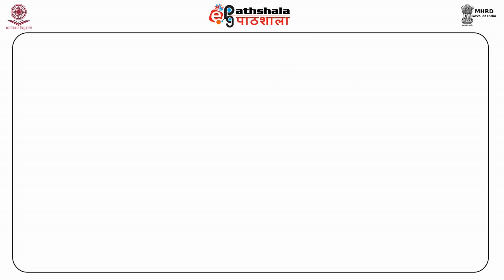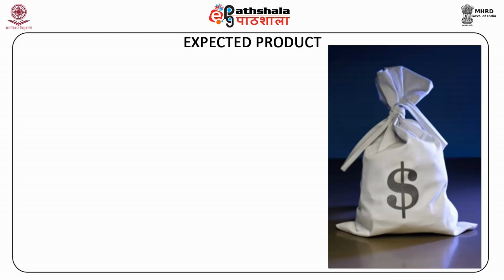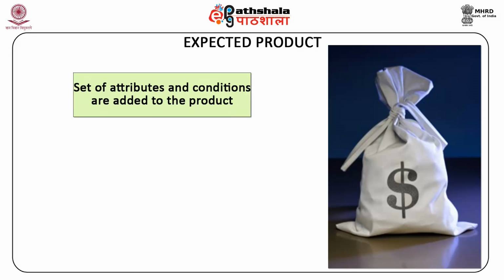The next step we will discuss is level 3, that is the expected product. At the third level, the marketer prepares an expected product wherein another set of attributes and conditions are added to the product to make it more valuable to the customer.